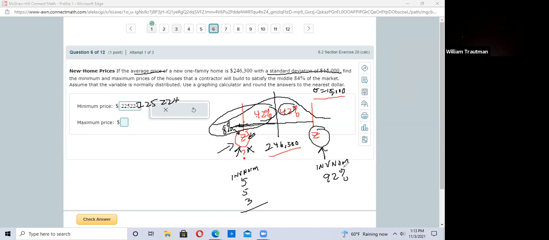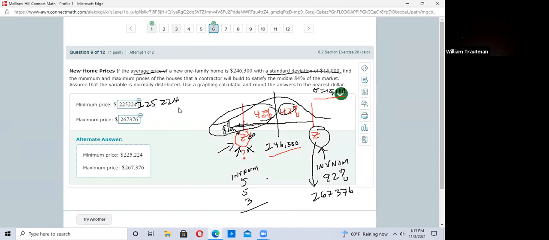The average, once again, was 246,300, and the standard deviation was 15,000. This value is not the Z value because I didn't use 0 and 1 for the average and standard deviation. I used the actual numbers. I got 26,736. So we're going to type in 26,736 and check our answer. And it looks like we got it correct.